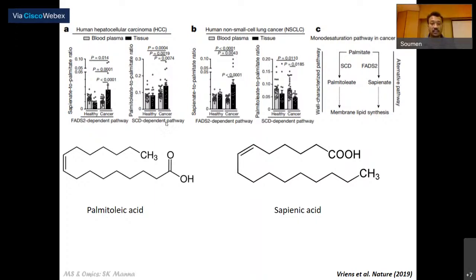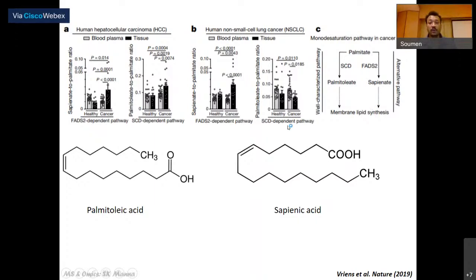So you can see these two here. This is palmitoleic acid, and this is sapienic acid, and the difference is the position of the double bond. So this is an alternative desaturase activity, which cancer cells use to circumvent the reduction or inhibition in SCD activity and still go on with membrane lipid synthesis.